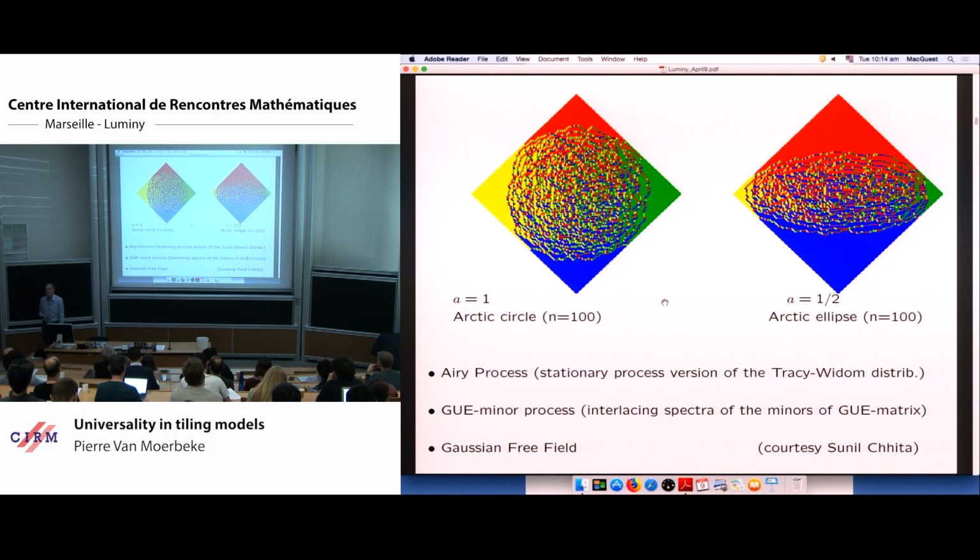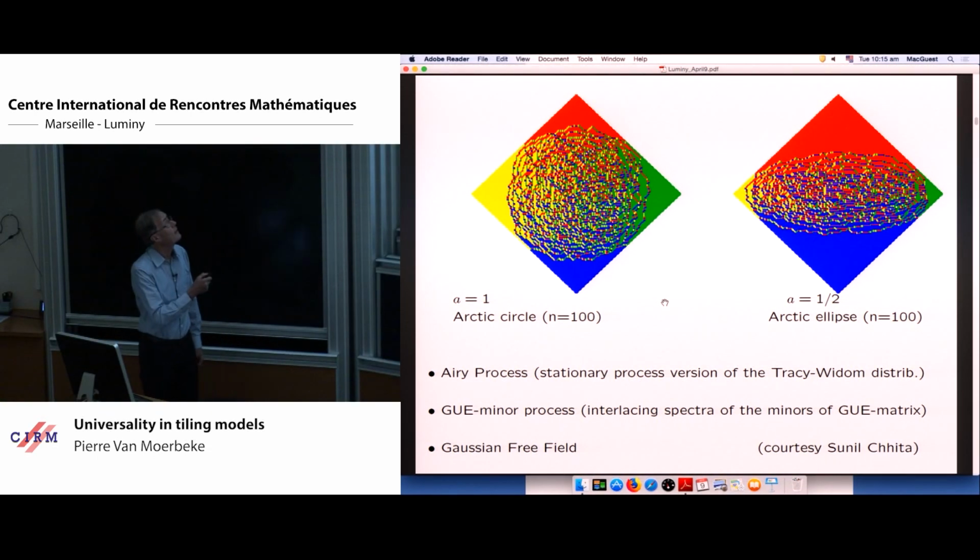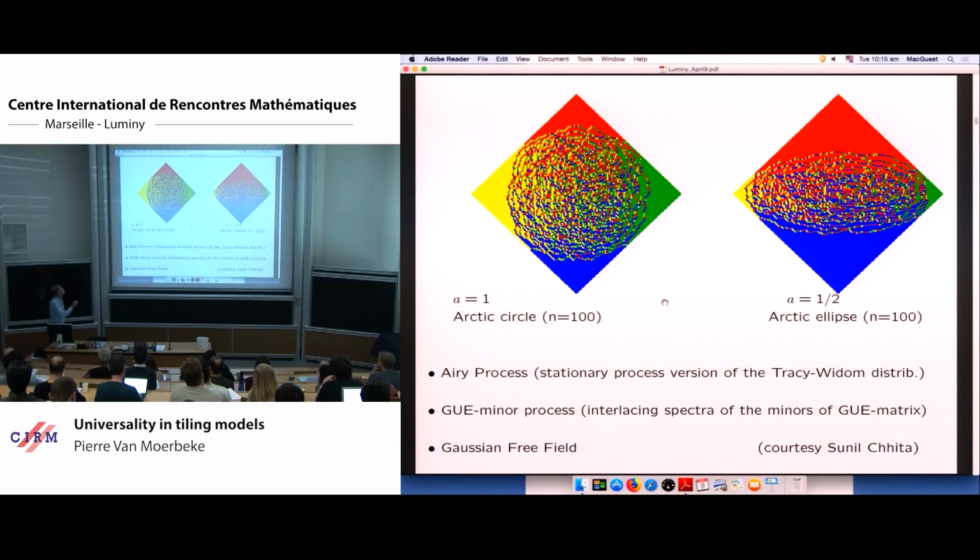So these are the prototype pictures of what you get for large Aztec diamonds. These pictures were produced by Sunil Shita, who is now at the University of Durham. So there are 100 squares on the side.